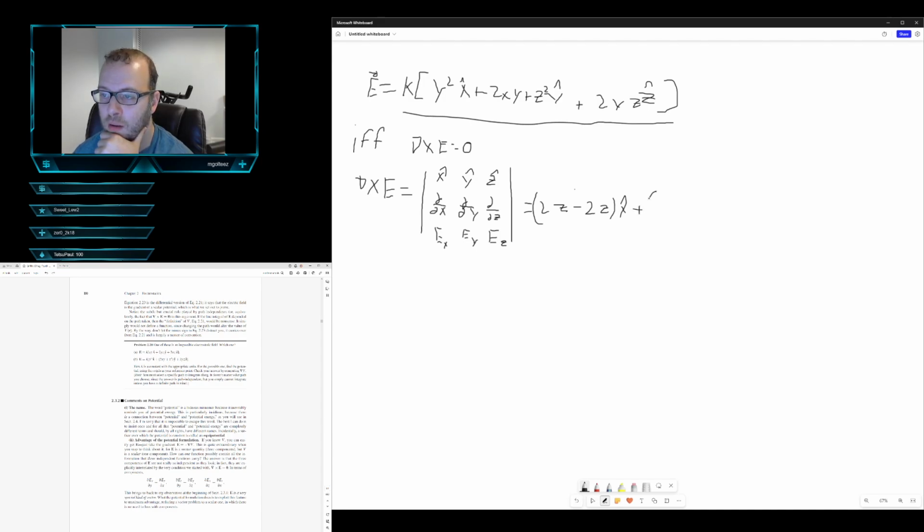Remember we've got a cofactor here, so we don't do xz, we do zx first. Partial z with respect to x is 0 minus partial x with respect to z. There is no x here, so that's 0. Then y hat and z hat. The z hat is xy, so this is equal to 2y in the y hat direction minus 2y z hat.